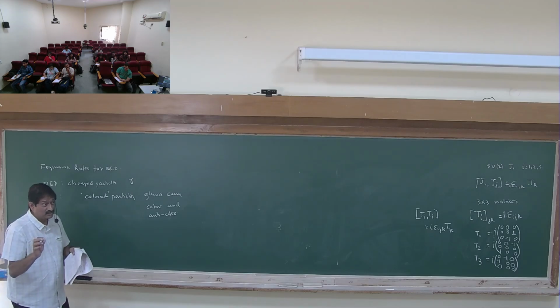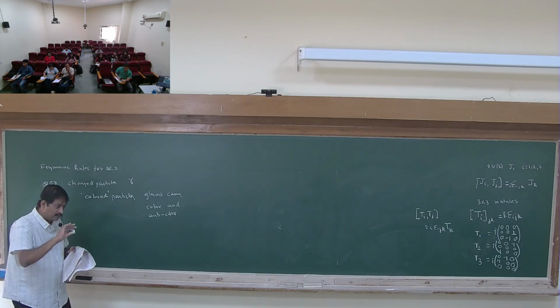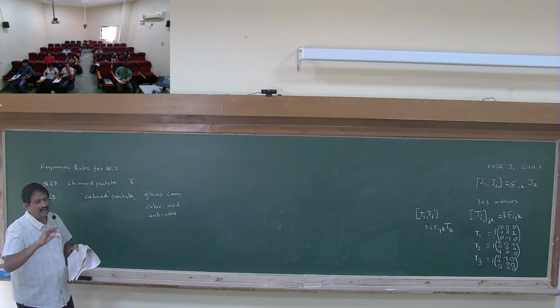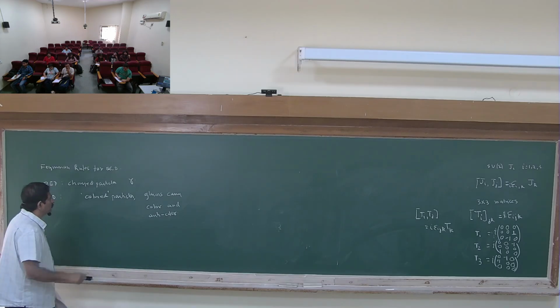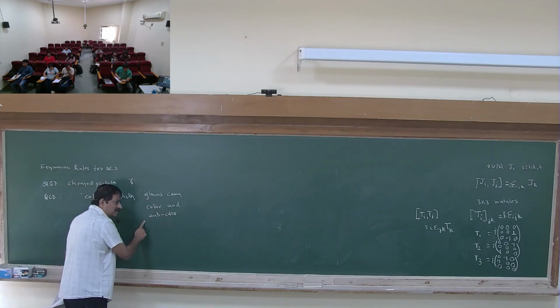So the 8 is already the adjoint representation because it's transforming like the adjoint representation, but it's cooked up from both the fundamental and the anti-fundamental representations. So that's the reason why the gluons have to carry color and anti-color.